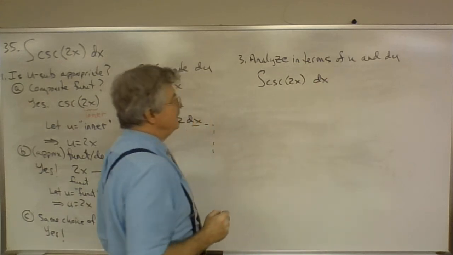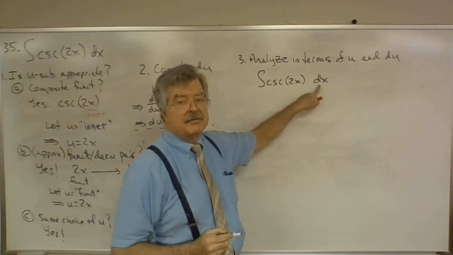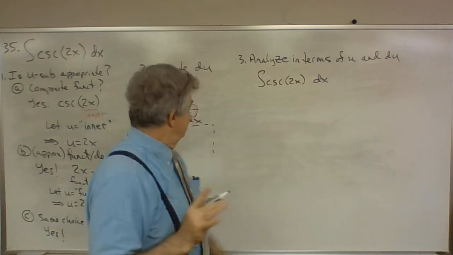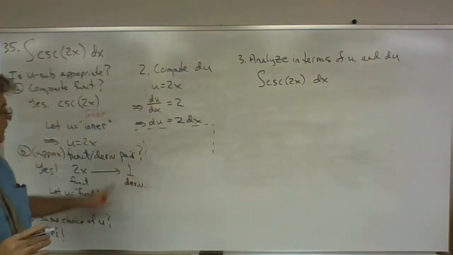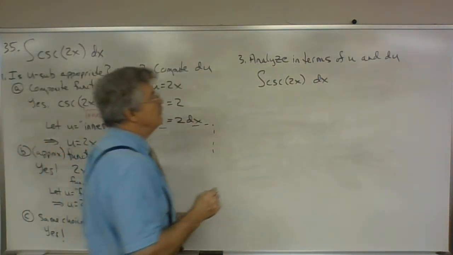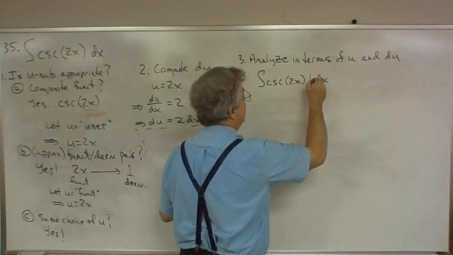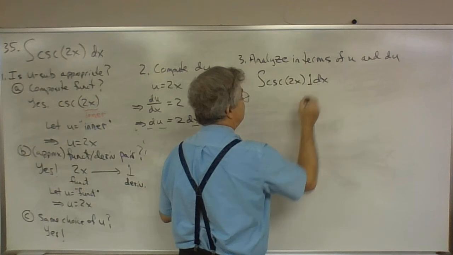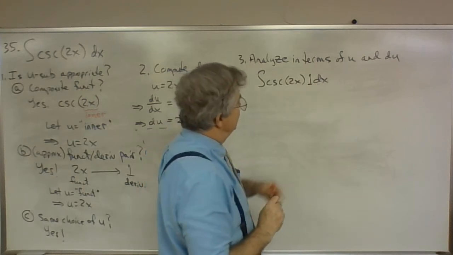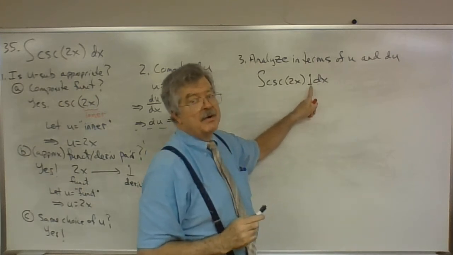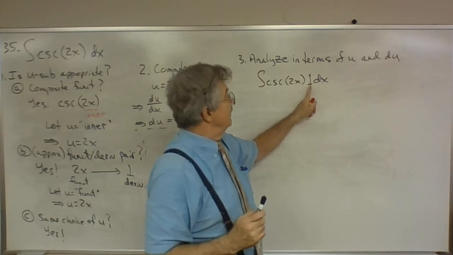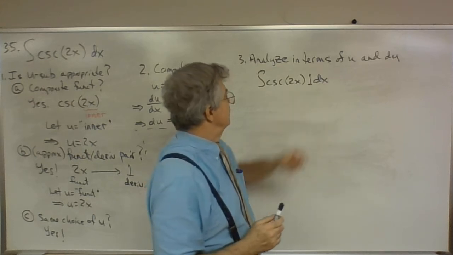So we have cosecant of 2x dx, and we know what's going to happen here. We're looking for the derivative of 2x outside here, and it is here, it's just disguised. There's always a factor of 1 wherever we want to put it, and this is going to be our derivative.